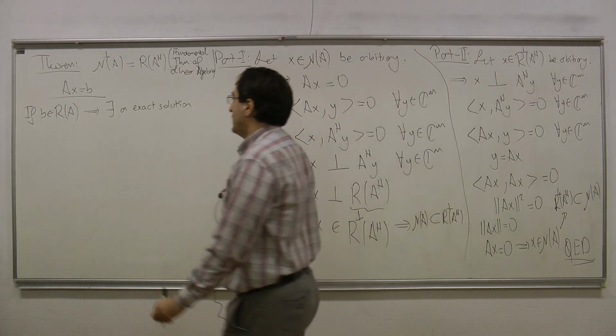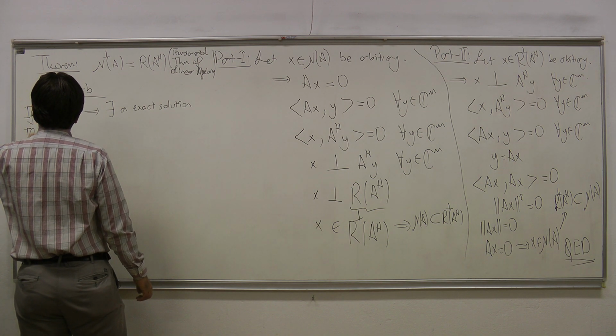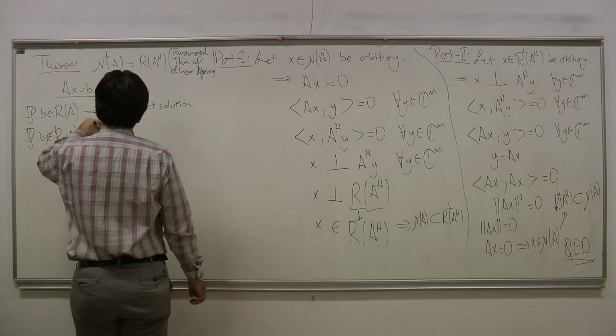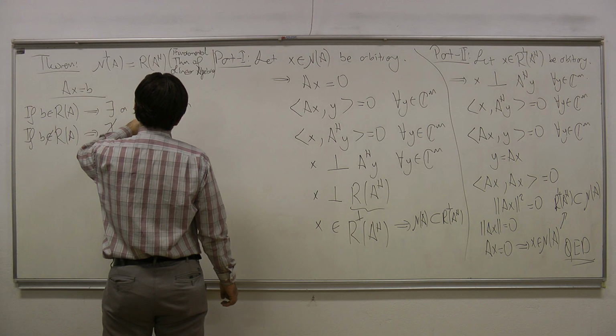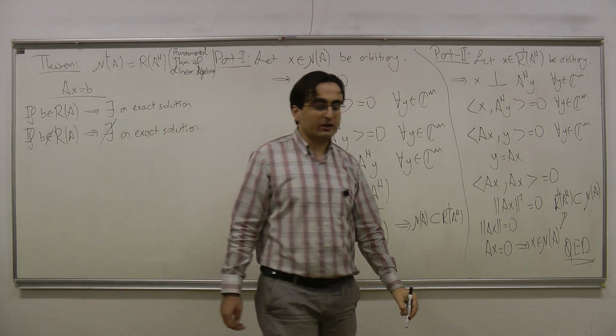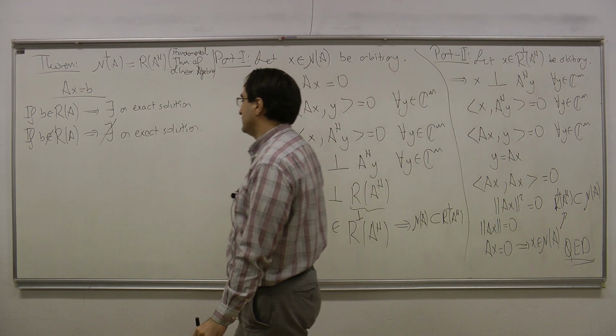And if b is not an element of the range space of A, then we know that there doesn't exist an exact solution. But we know that we can actually find an approximate solution by minimizing the error.